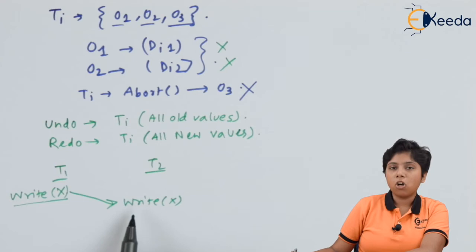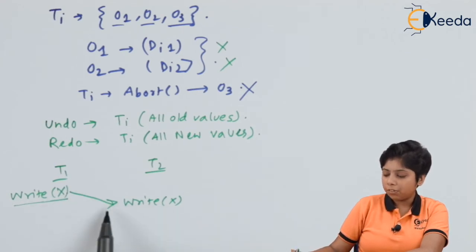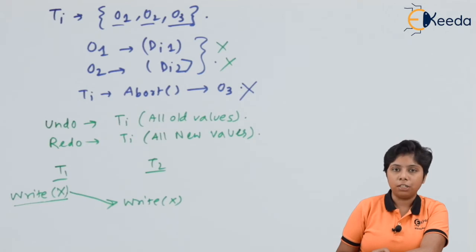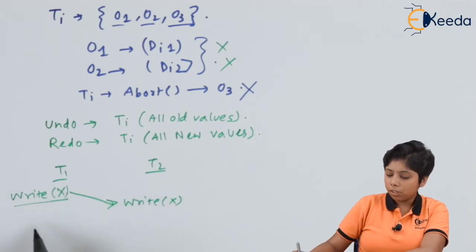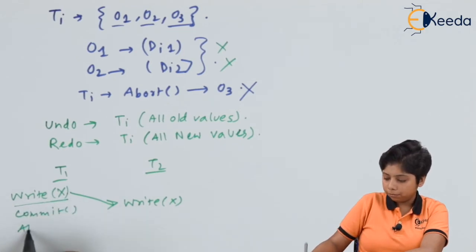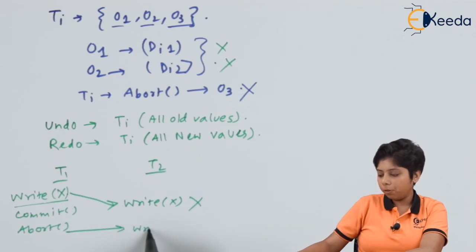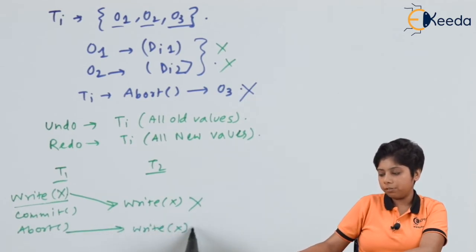T2 is not allowed the write X operation immediately after the write operation of T1 until T1 commits or aborts. So T1 needs to commit or abort, after which we can perform write X again in any other transaction.